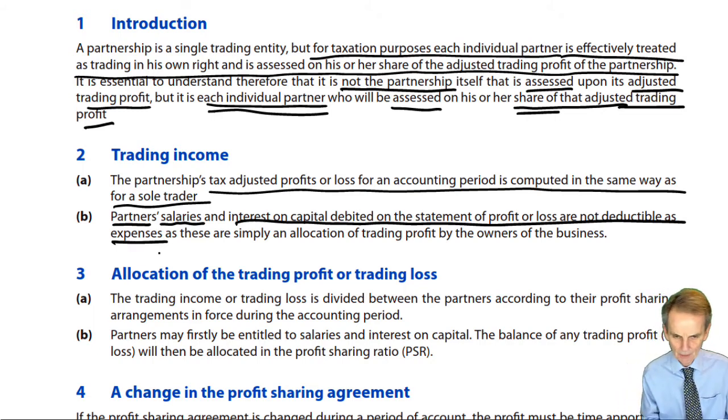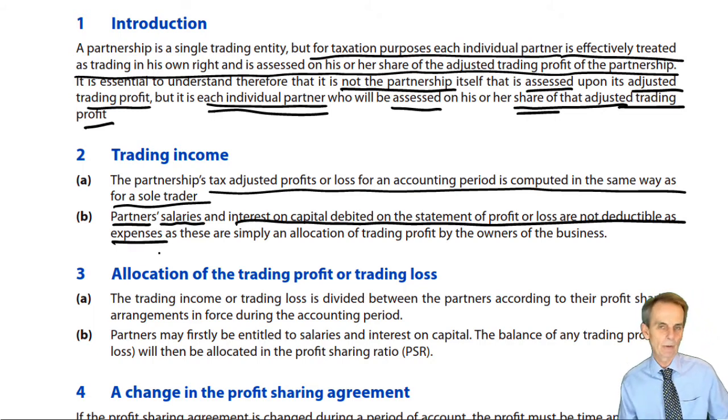They are not expenses. These are not the salaries being paid to employees of that business. These are owners of that business. They are partners. And all a salary or indeed interest on capital that may be credited to partners is, is a way of sharing out the tax adjusted trading profit. So we use the information in the profit sharing agreement for the accounting period in question.